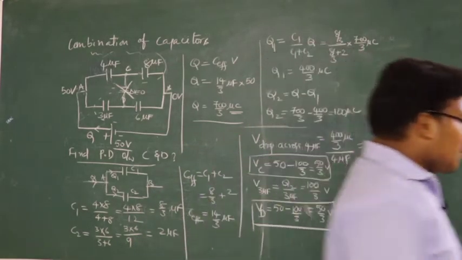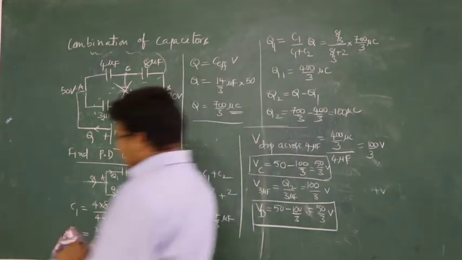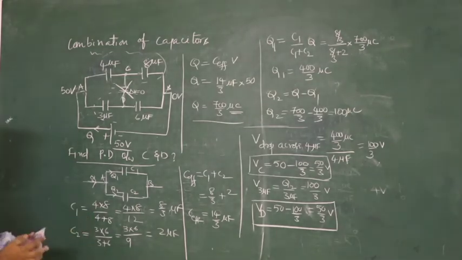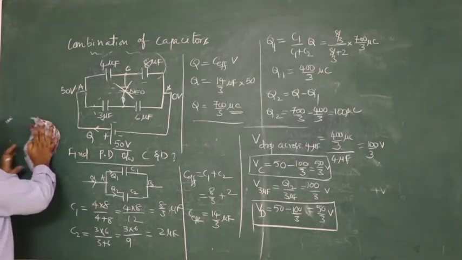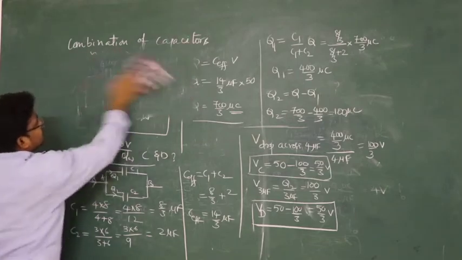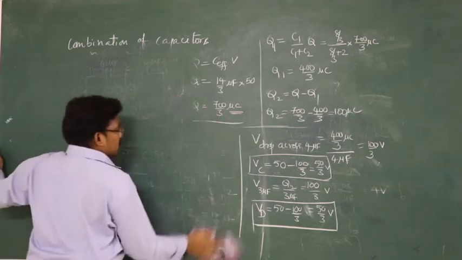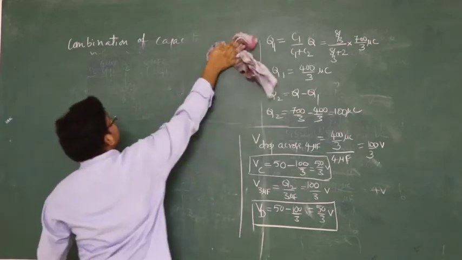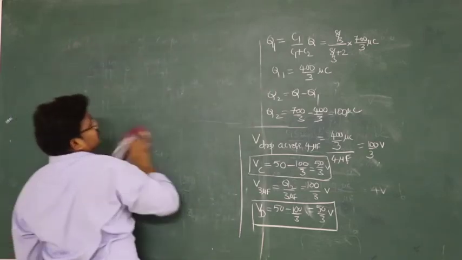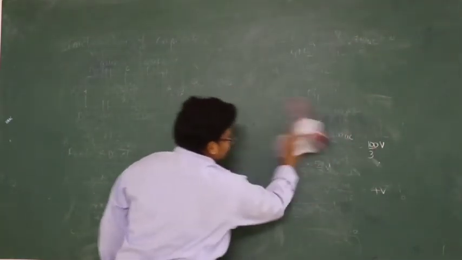I will just tell you. So did you understand what the problem is here? Right. Now the next one is one method of combination of capacitors. Based on this question, I will tell you the next one. So the next is Wheatstone bridge.